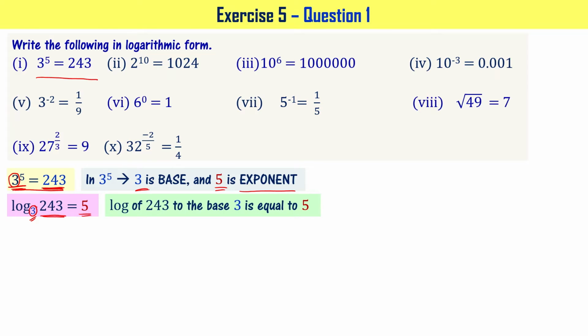written as log of 243, meaning we are applying log or logarithm on 243, and the kind of logarithm we are applying is of base 3, right? And that is equal to 5. This is the exponent in the case of exponential form, right? 3 power 5 equal to 243 is written as log of 243 to the base 3 is equal to 5.